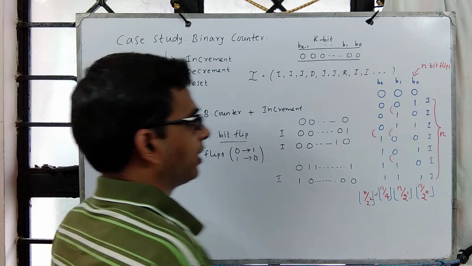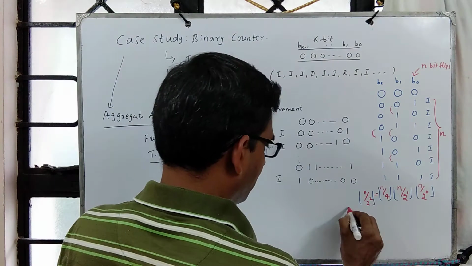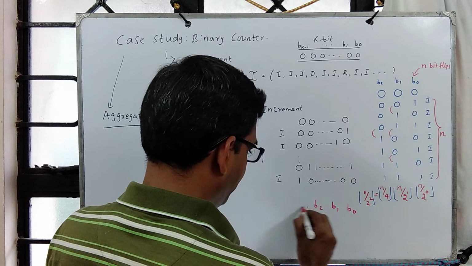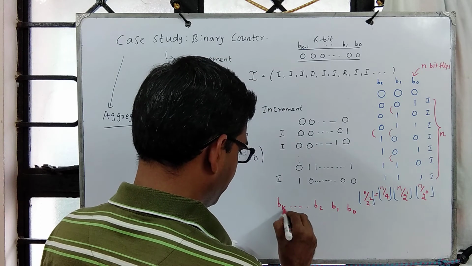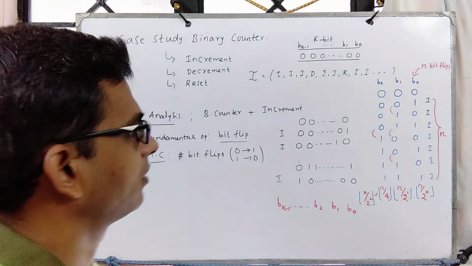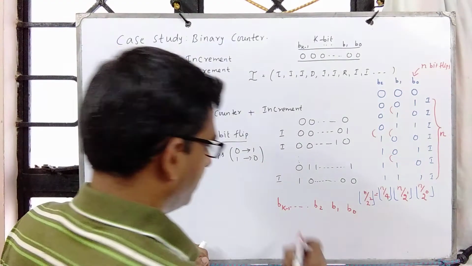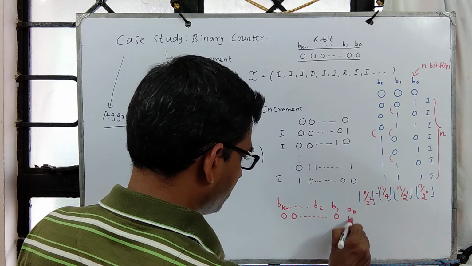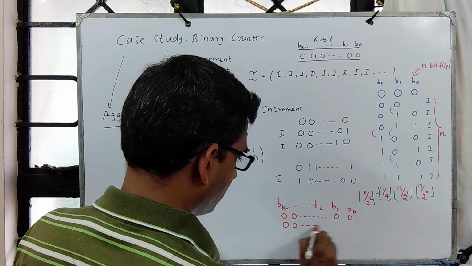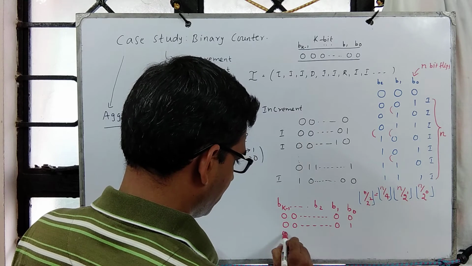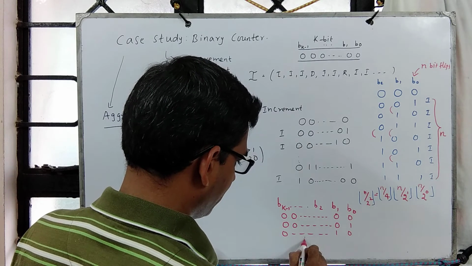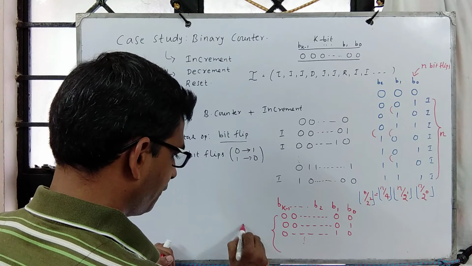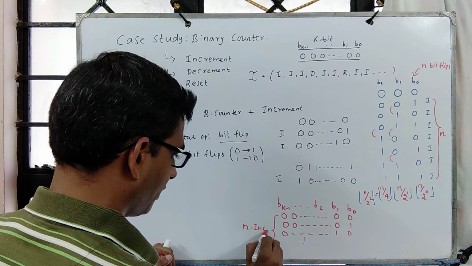Correct? And in general you have B0, B1 and B2, and so on up to B(k-1). Then you start with the configuration of all 0, then we perform this, then we get this, and like that it goes. Suppose we perform a sequence of n increments.